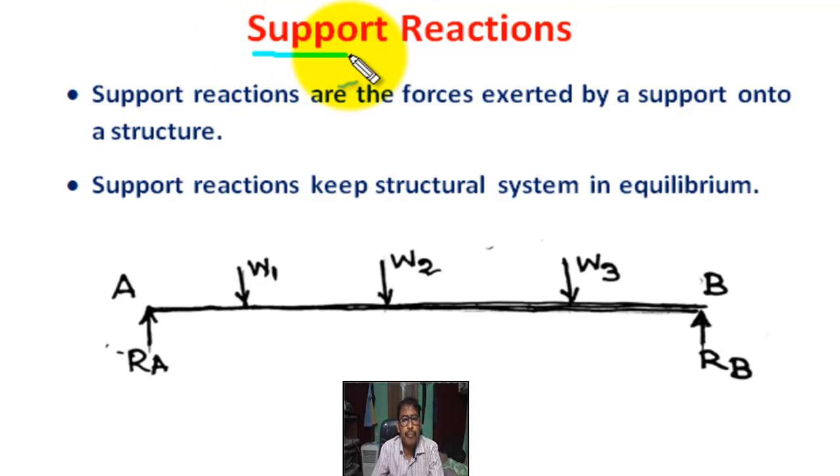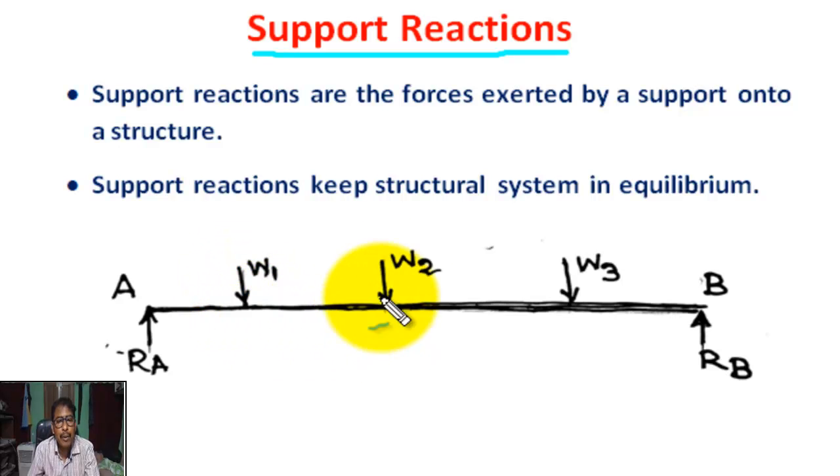What is support reaction? When a beam is subjected to some external load, here W1, W2 and W3 are the point loads, then the two ends A and B push on the supports.